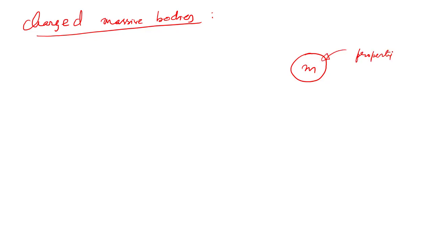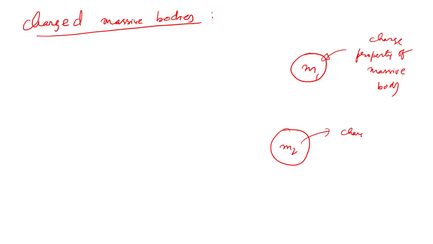So if I have a massive body here, M1, that can have the property of charge. Similarly, if I have mass M2 here, this can also have the property of charge. But the plana in between, plana is non-massive.